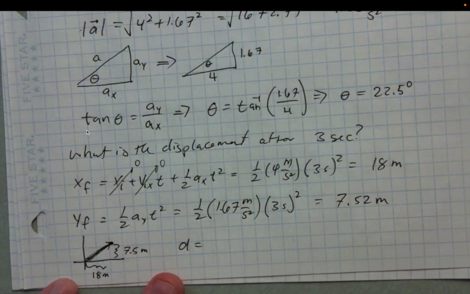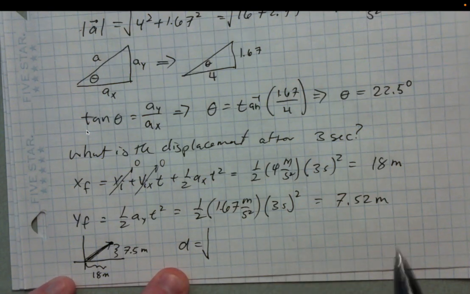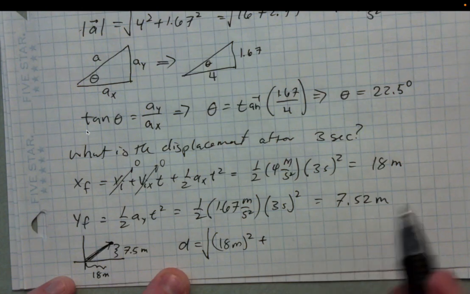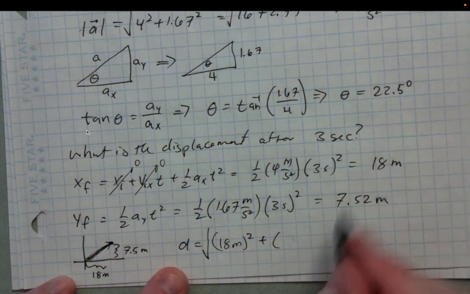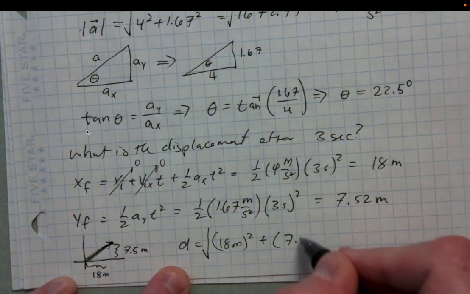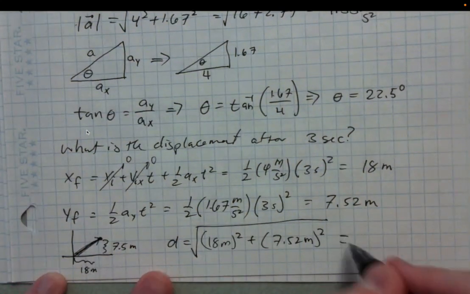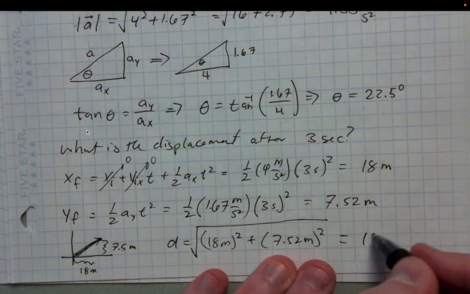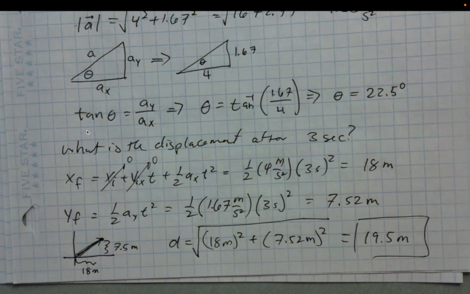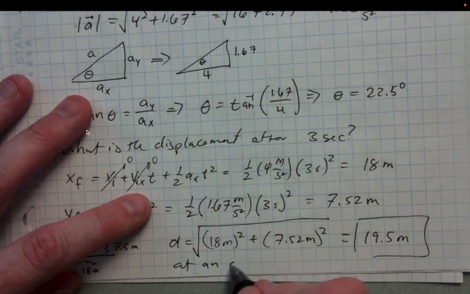You can use the distance formula: the square root of 18 meters minus 0 meters squared, plus the displacement in the y direction, which starts at the origin, so 7.52 meters minus 0 meters, squared. When you calculate all of that, you'll see that this thing moved about 19.5 meters. And we know the angle is 22.5 degrees.